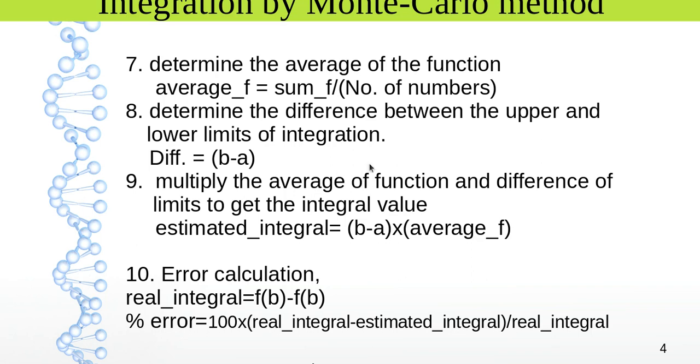This is a simple way. We can also calculate the error of this method, and for this we need to have the real integral value. The real integral value will be f of b minus f of a. Here I made a mistake.